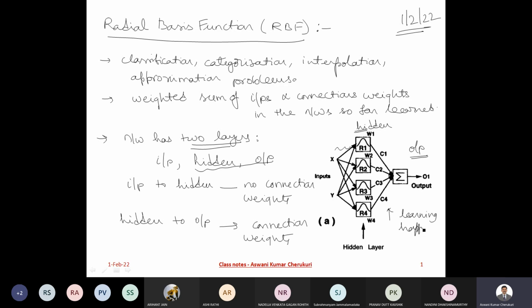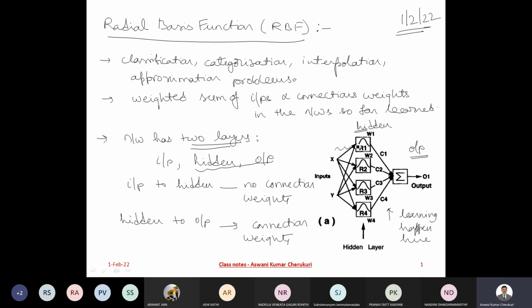When I wrote the weighted sum of inputs and connection weights, since there are no connection weights between your input nodes and the hidden nodes, your activation is not the input multiplied by the connection weight.